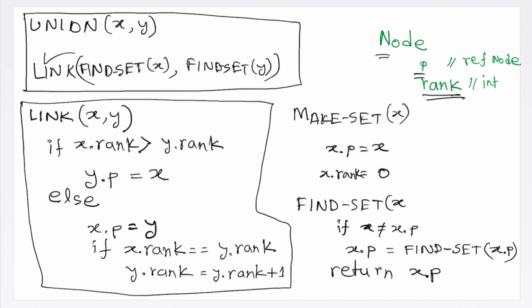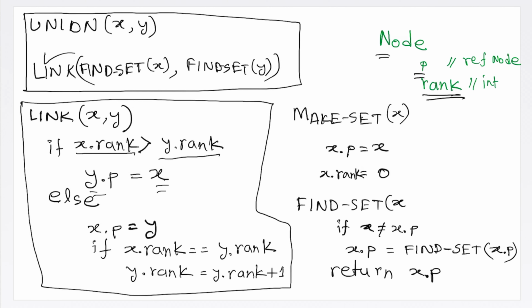The link function first checks if the rank of x is higher than the rank of y. If the rank of x is larger than the rank of y, then we make sure that x becomes the parent of y. Otherwise, there can be two scenarios. One scenario is x.rank is smaller than y.rank.